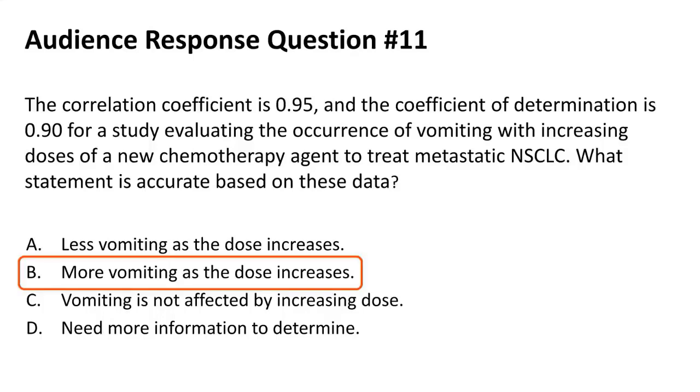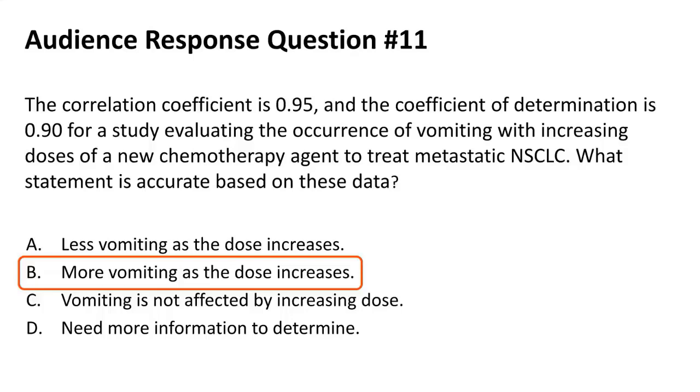The correct answer is B, more vomiting as the dose increases. To help answer this question, you need to use the coefficient of determination, or R squared, which is provided to you and is 0.9. This value can determine a cause and effect relationship.